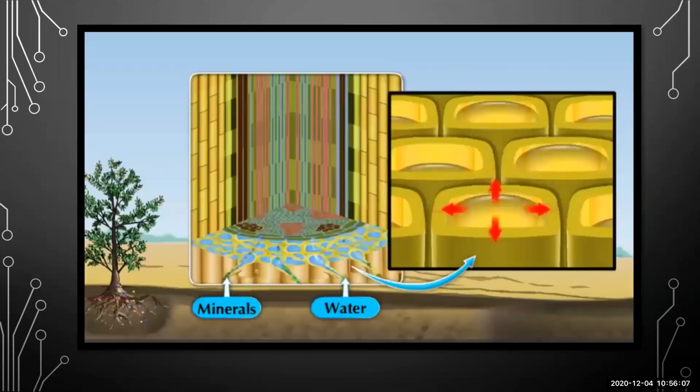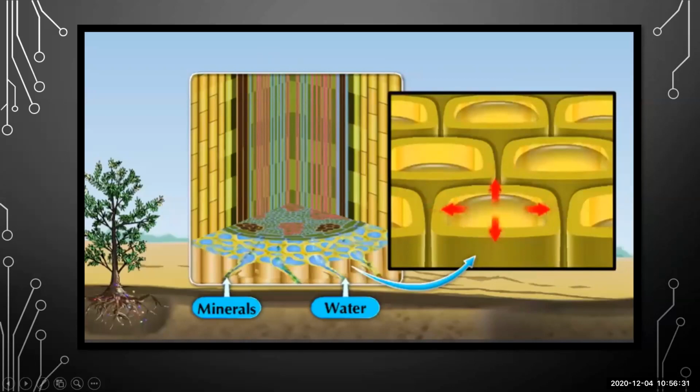Now you can see here the minerals. These are the roots of the plant. The minerals and water absorbed by the plant will move upward. Now how will they move upward, how will they be pushed up? You can see here the cell. The cell has become turgid with water.